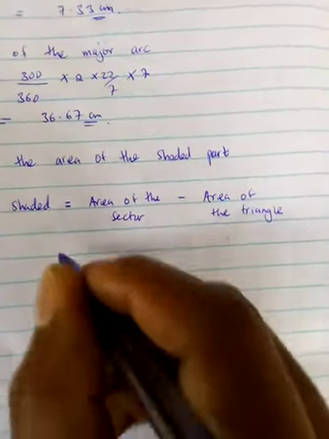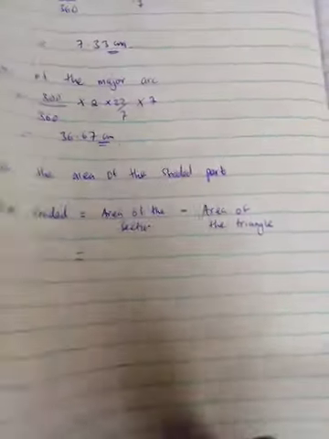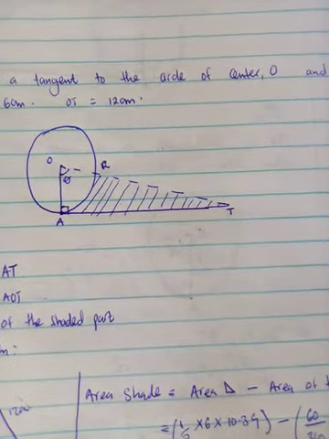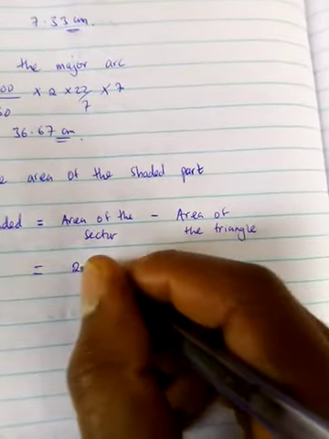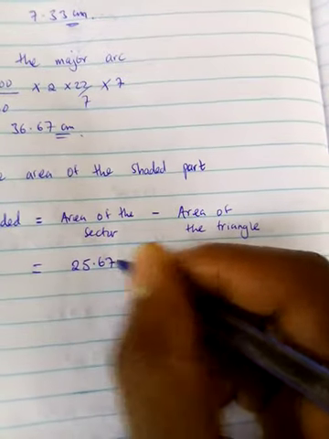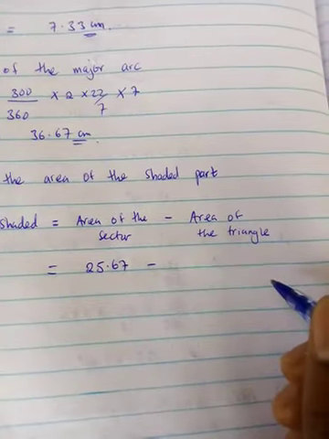The area of the sector, we've already calculated: it is 25.67. Then take off the area of the triangle.